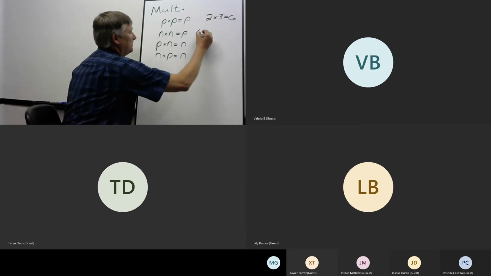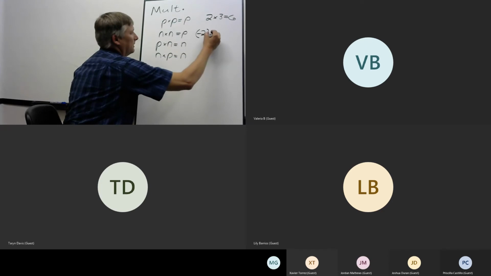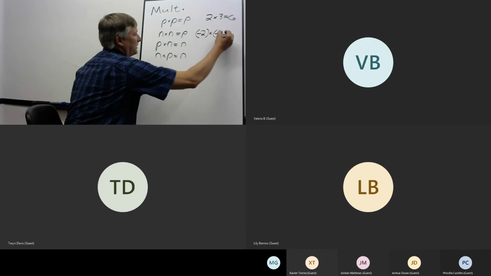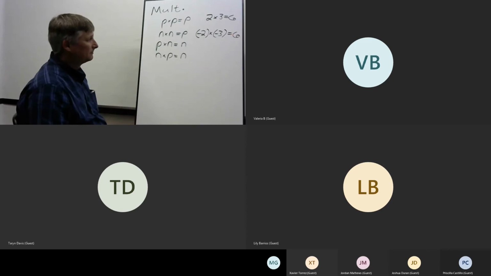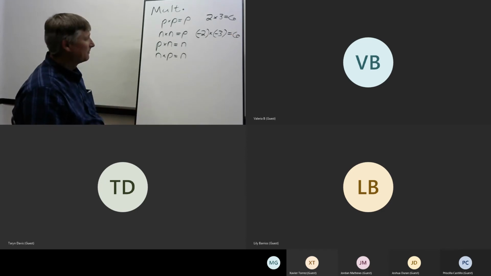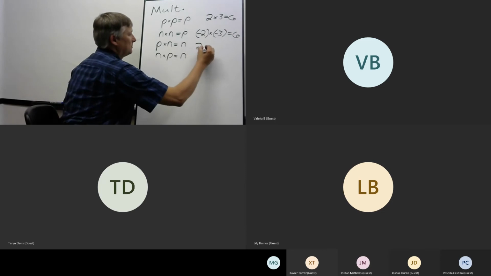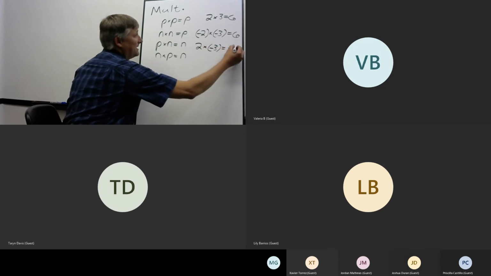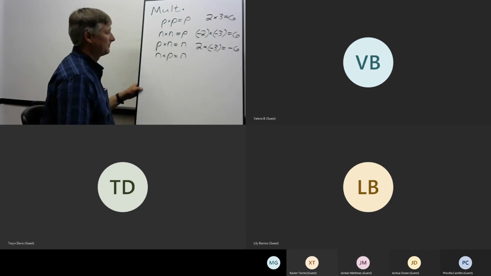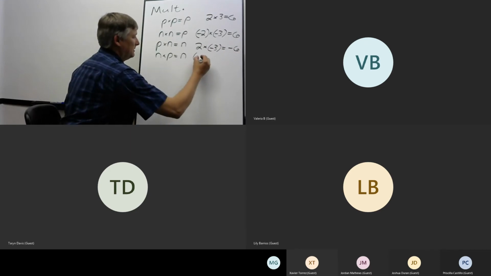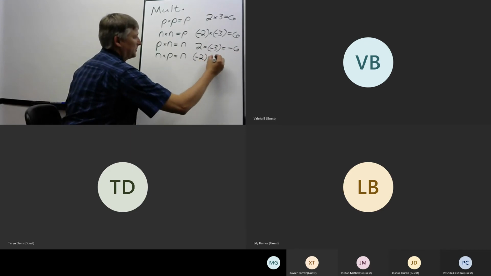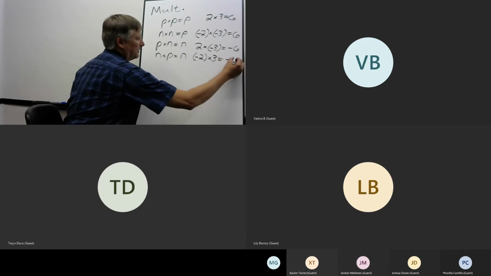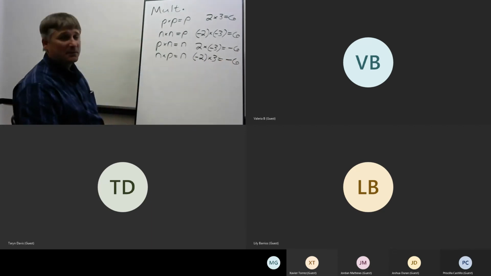But negative 2 times negative 3 is also 6. Sort of surprising, but it is. And then 2 times negative 3 is negative 6. And then negative 2 times 3 is going to be negative 6.